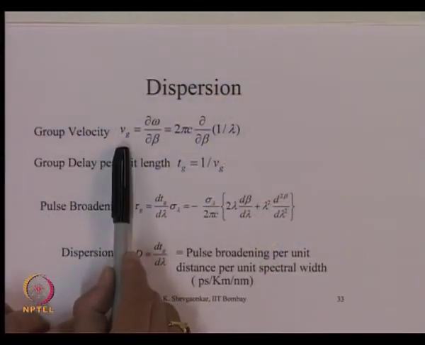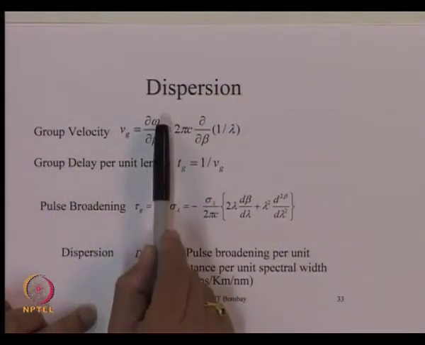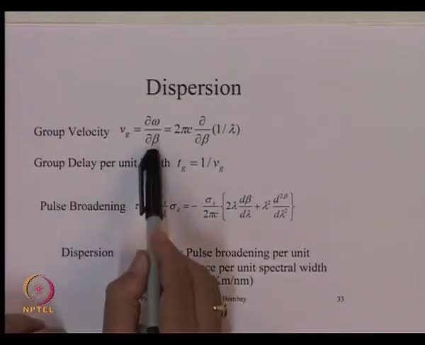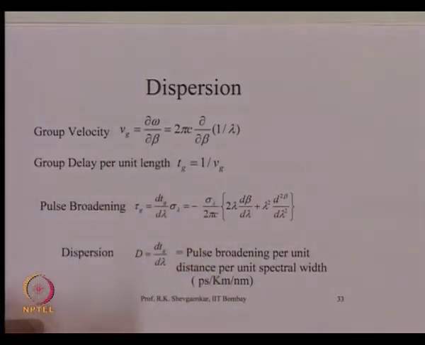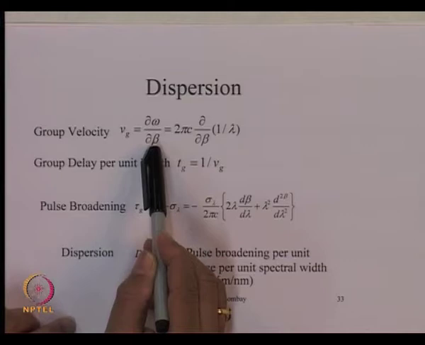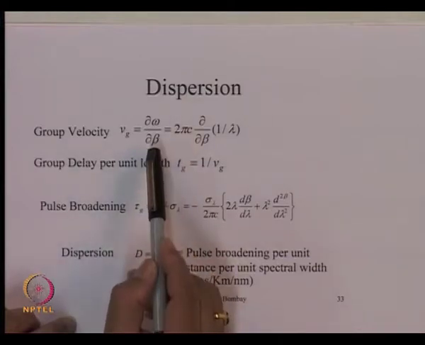As we have seen earlier, the group velocity Vg is given by d omega by d beta, where beta is the phase constant of a particular mode. If I consider a single mode optical fiber, this beta will be the phase constant of the LP01 mode or HE11 mode.